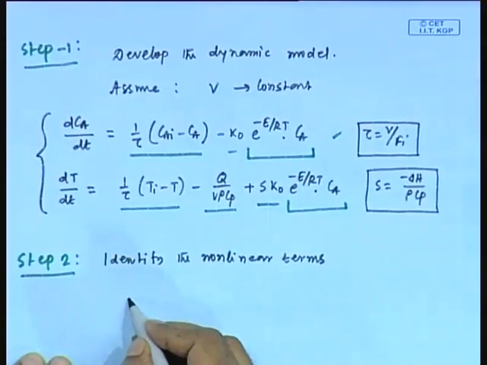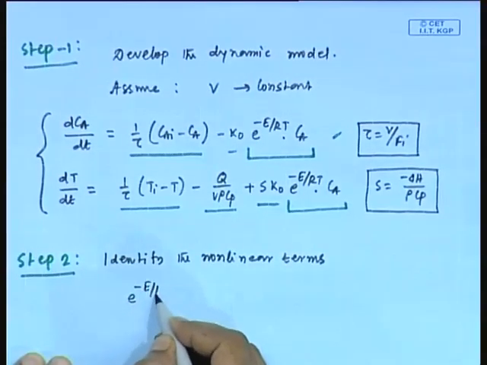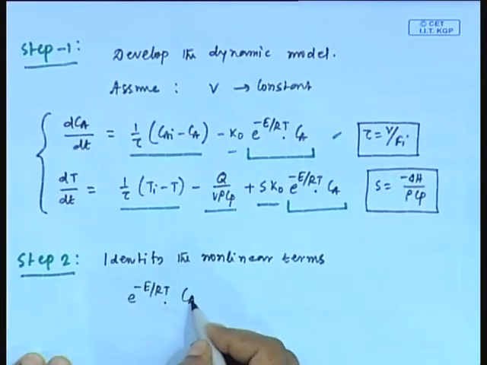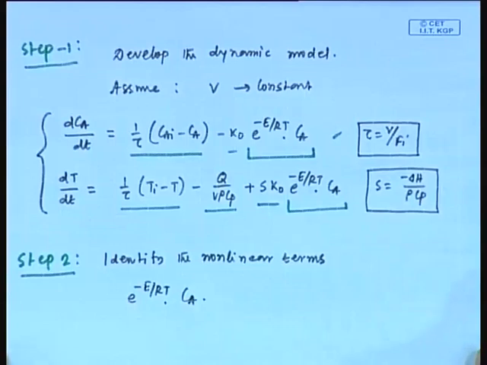So, in this model structure, there is only a single nonlinear term. We will linearize this term using the Taylor series expansion. Fine. So, that is the third step.